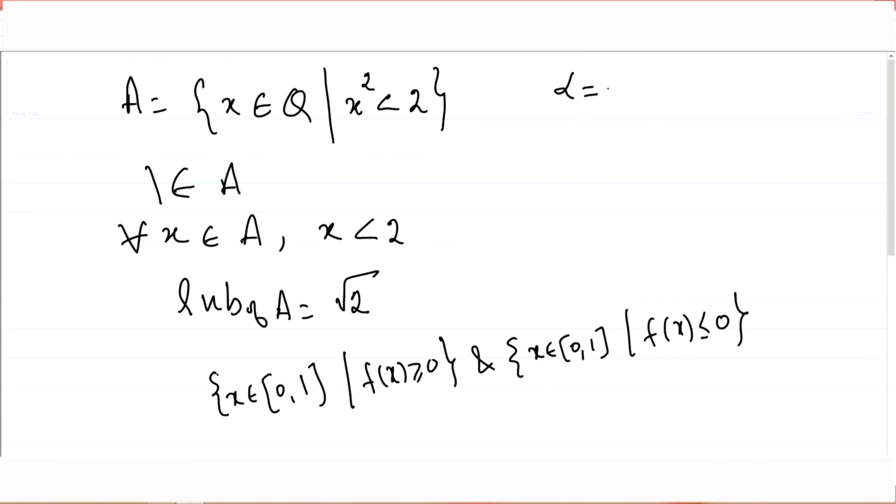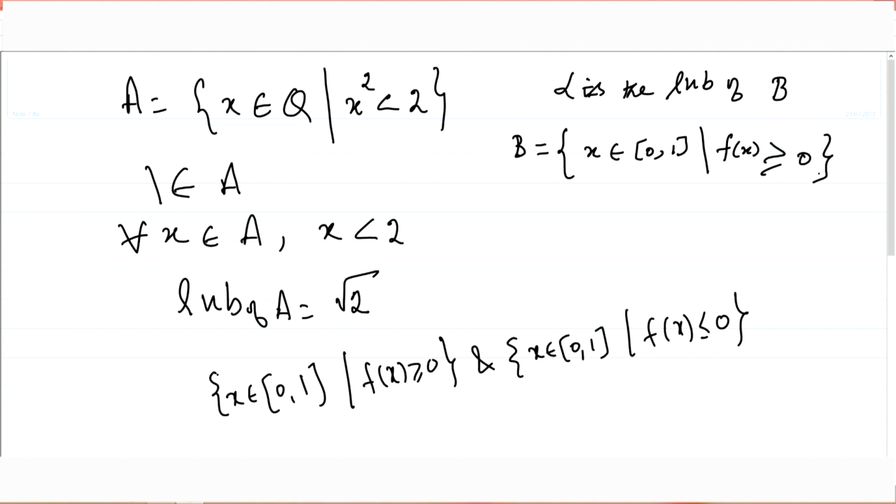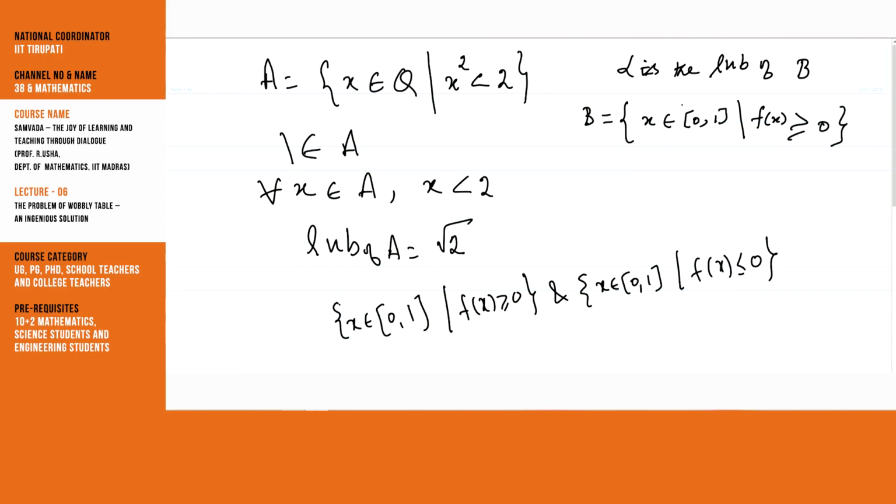Therefore, they must have a least upper bound. So, let us take alpha to be the least upper bound of the set, let me call this B. So, B is the set of all x in 0, 1 such that f of x is greater than or equal to 0, and I call its least upper bound alpha. Clear? Yes, ma'am.